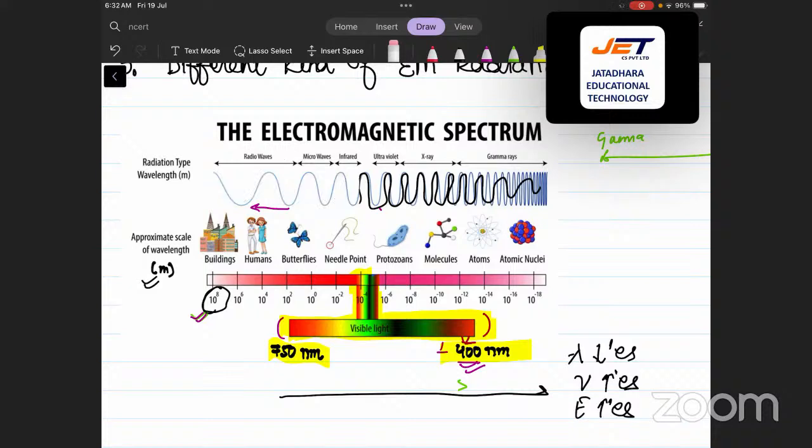Now what can you observe here, tell me. If I am going from radio waves to gamma waves, what is the observation? Is the frequency increasing or decreasing? When I move from radio, micro, infrared, then the visible part, ultraviolet, X-ray and gamma rays, what do you see?